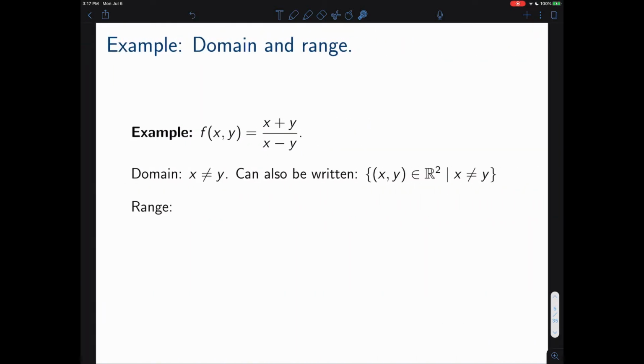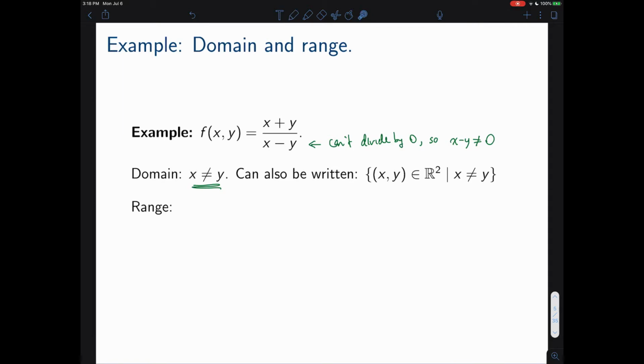So the domain restriction is just that x can't be equal to y. We can't divide by 0, so x minus y can't be equal to 0, and that just simplifies into x can't be equal to y.